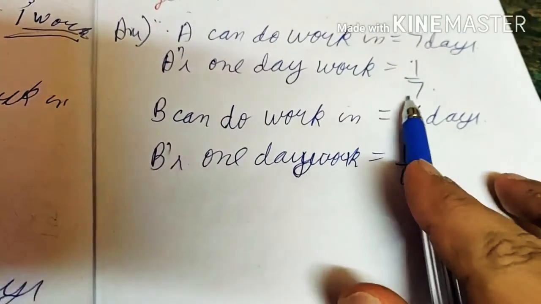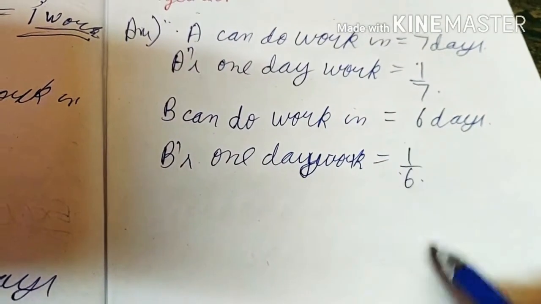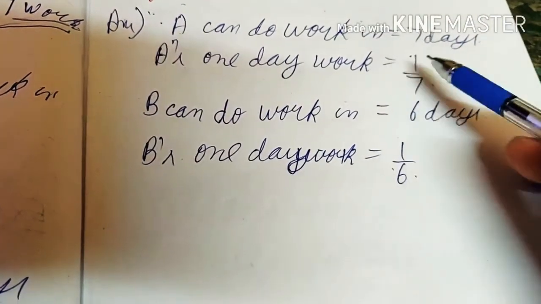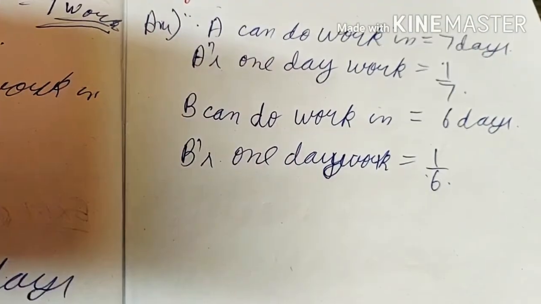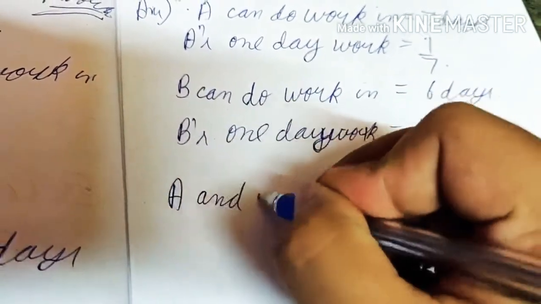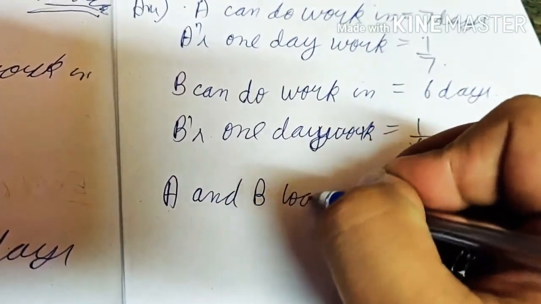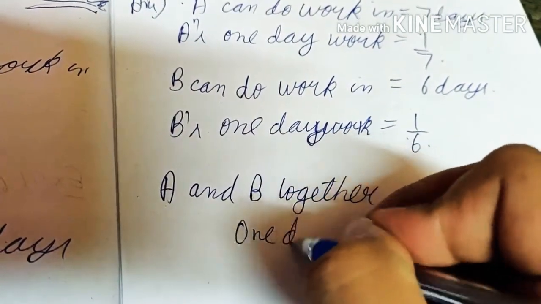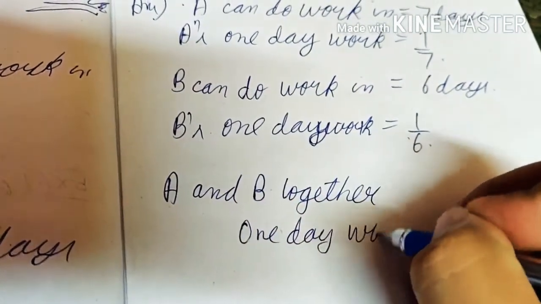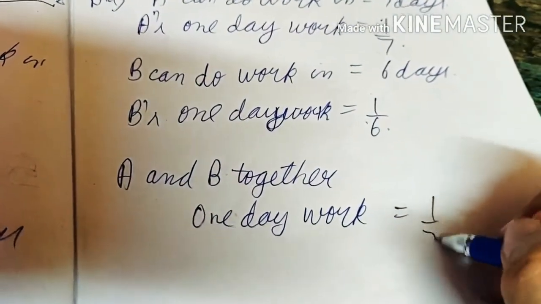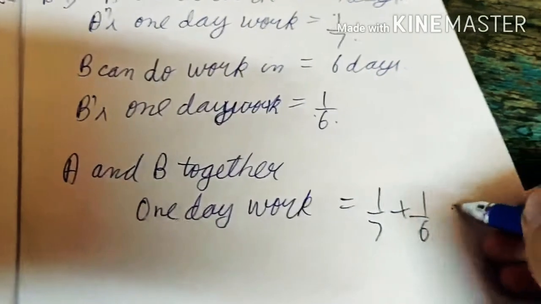This was done by A and this was done by B, and they work together, so the total work done in that day will be 1 by 7 plus 1 by 6. That is A and B together, 1 day work.